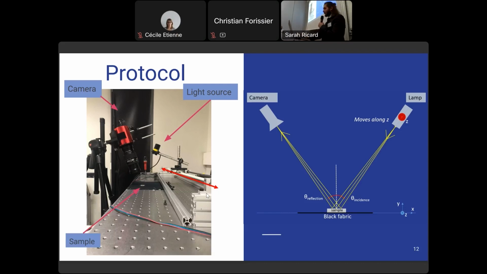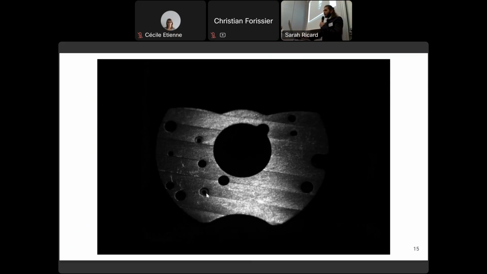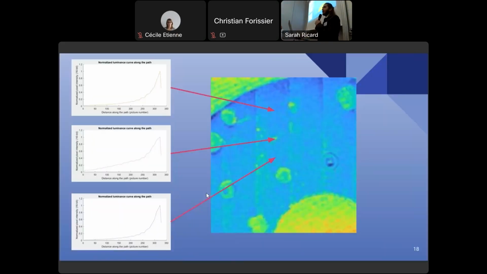It gave us a video we cut into many photos like this, and we could then plot the intensity of each pixel as a function of the photos. Then we could compute the areas under these curves.